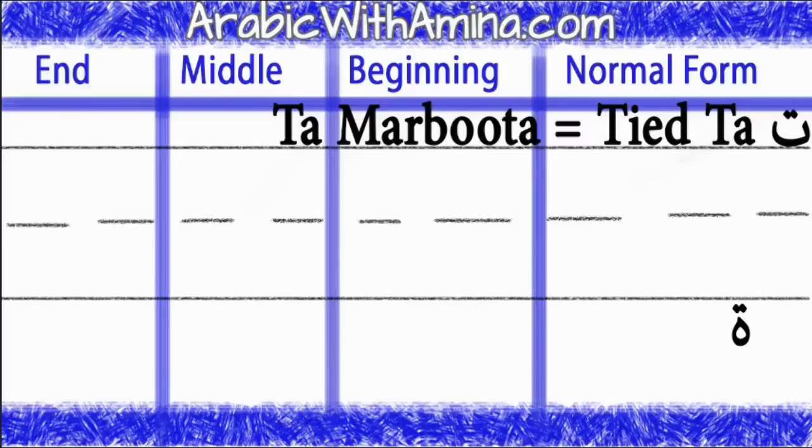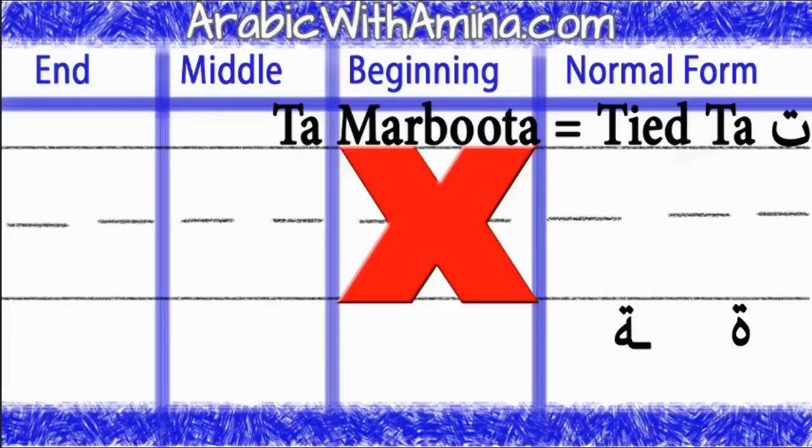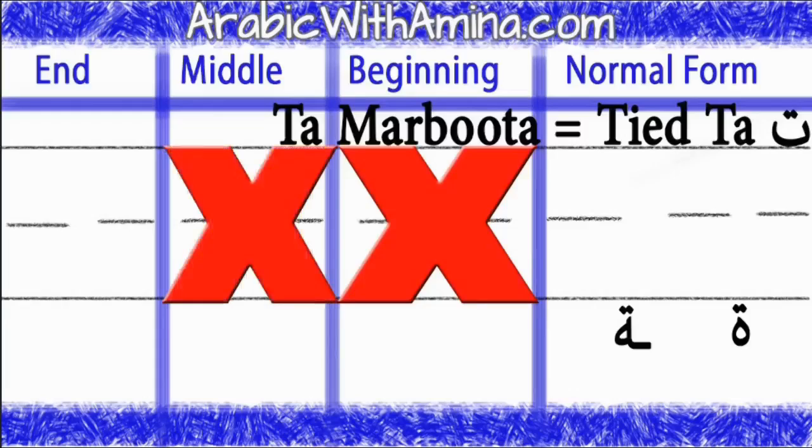The circle form is how it's written if it's after a mean letter, and if it was after a friendly letter, you would write it as shown. Again, for it not being considered part of the alphabet, it will never come in the beginning of the word, and it will never come in the middle of the word. It only comes at the end of the word.